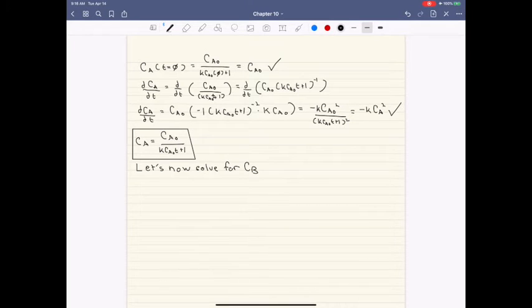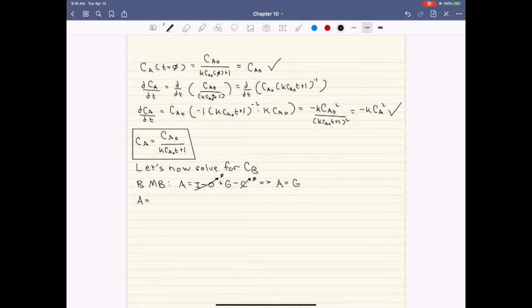To do that, once again, we'll start with the material balance. Write out the general equation. We're still dealing with a batch reactor, so there's no inputs or outputs. And for B, it's not being consumed in this reaction, it's only being generated. So that tells us that our accumulation term is just equal to the generation of B.